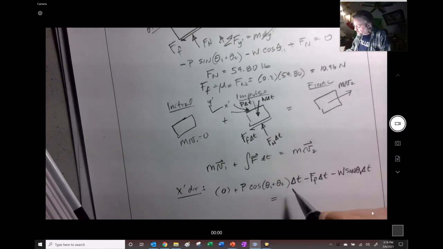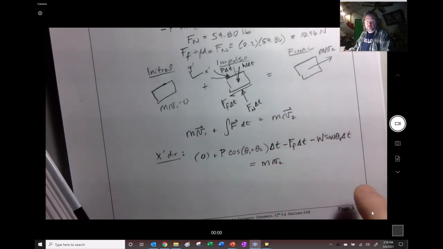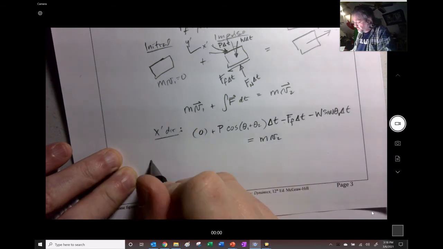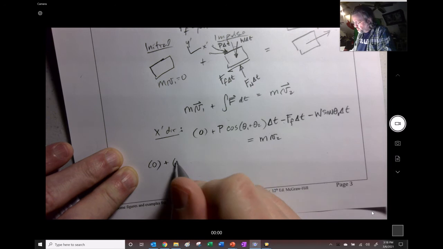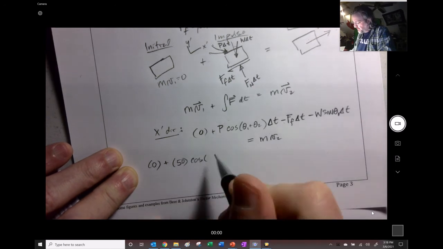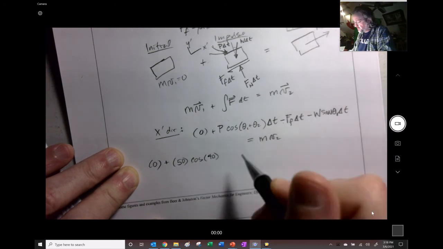And then when it's done, we got the mass of the thing times the velocity at 2 coming up the slope. So I don't know why I shifted everything over here so far. So 0 plus, we know this is 50 pounds, cosine of, what is it, 25 plus 15, so that's 40 degrees.